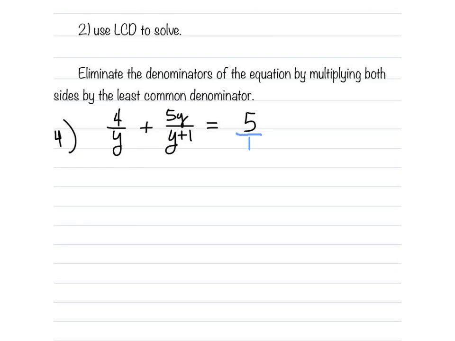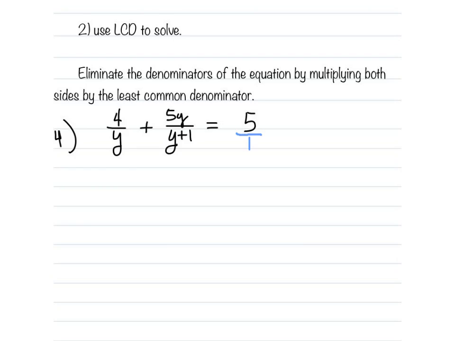So my denominators are y, y plus 1, and 1. What I will do to keep this kind of neat is I will rewrite this expression and show you how I'll multiply each of my terms in an effort to eliminate the denominator.